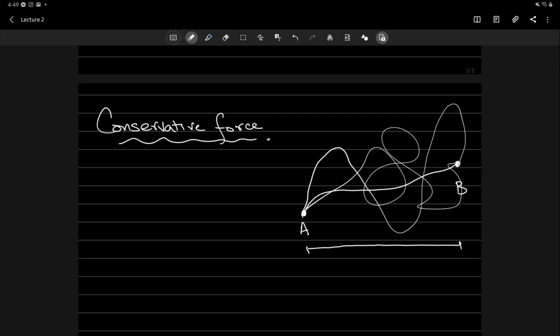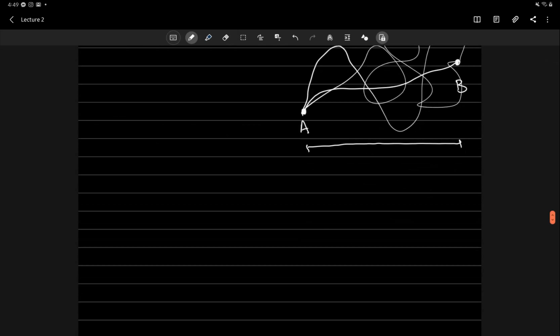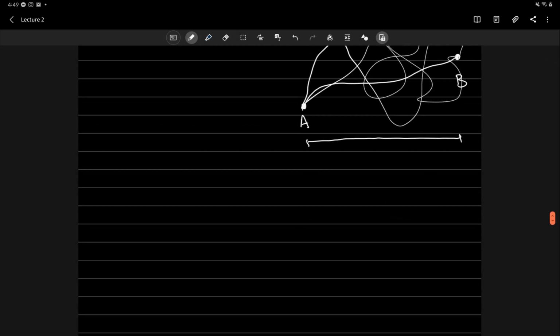And so we say that the work done by a conservative force on a particle that goes, आपने इनफैक्ट ये चीज सुनी होगी कि अगर एक पार्टिकल है वो एक सर्कल में जा रहा है, तो अगर जो कंजर्वेटिव फोर्स इसके ऊपर है तो the total work done would be 0, right? Yes.